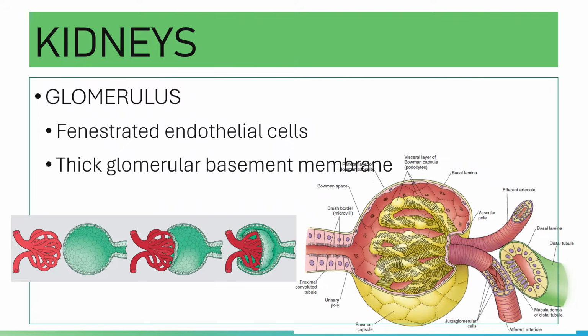Again, present in your GBM, you have laminin and fibronectin that bind integrins of both your podocyte and endothelial cell membrane. And then there is also a meshwork of cross-linked type 4 collagen and also large proteoglycans. Also present in your GBM are polyanionic glycosaminoglycans.